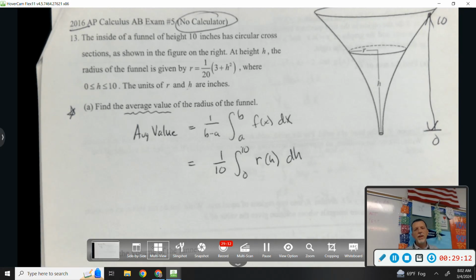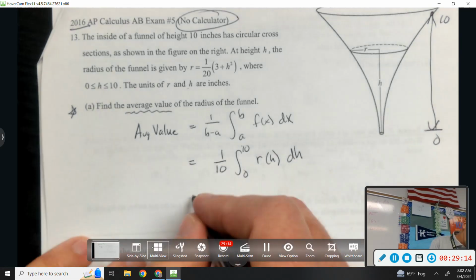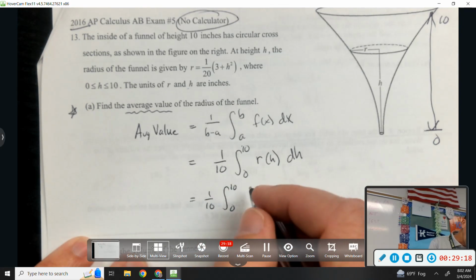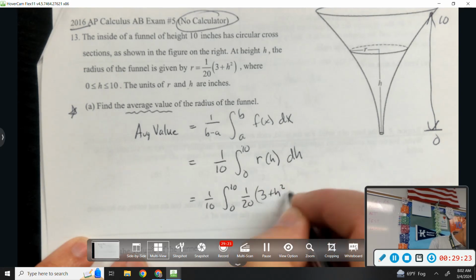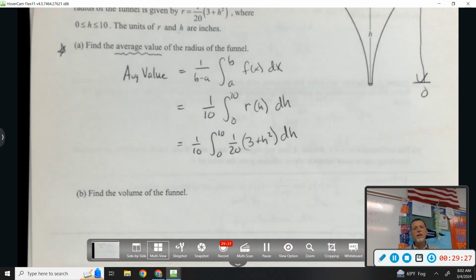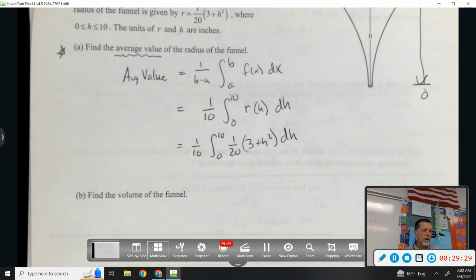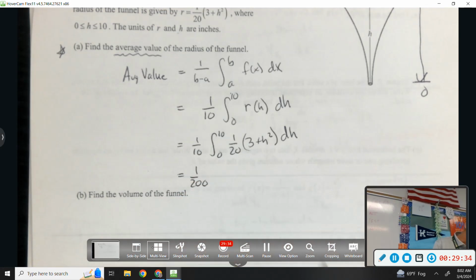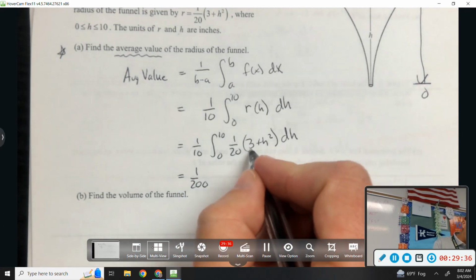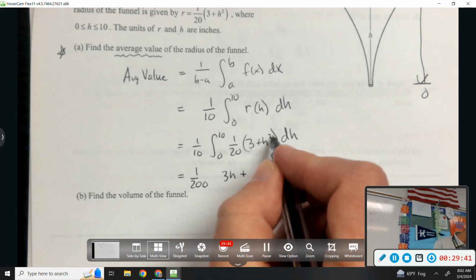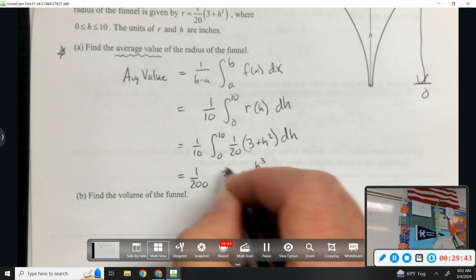So there's my expression for the average value. And without a calculator, I got to do this by hand. Oh, but that's not too bad. The integral of 3 plus h squared. I'm going to pull the 1/20th out front, so that's 1 over 200. Antiderivative of 3 would be 3h. Antiderivative of h squared would be h cubed over 3.